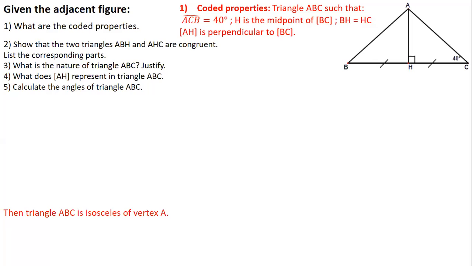In triangles ABH and AHC we have two equal sides. What are the equal sides? Give me the equal sides. BH and CH. BH is equal to CH by given, yes.